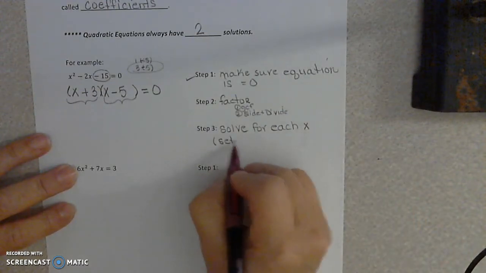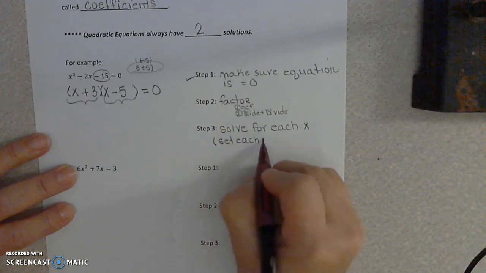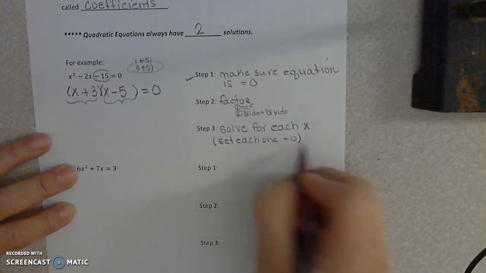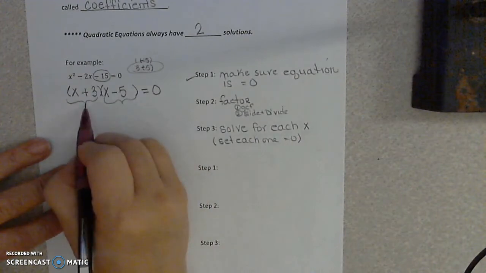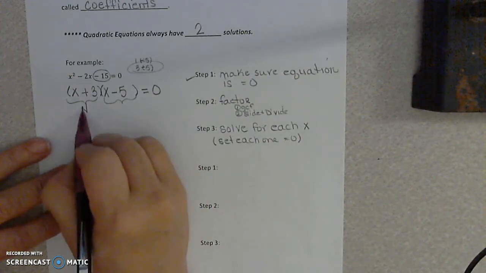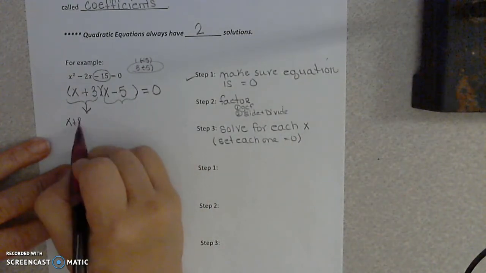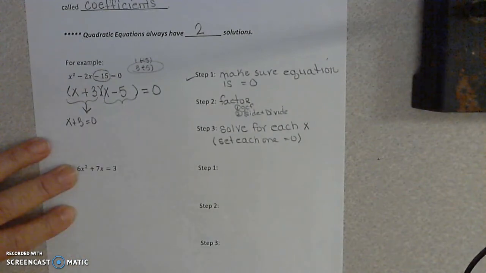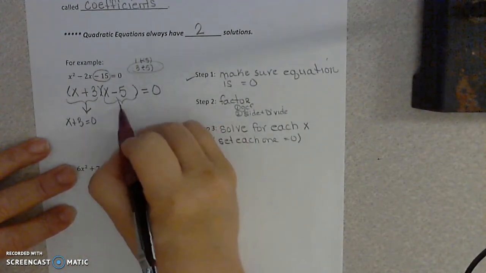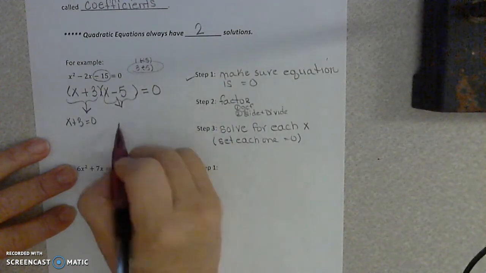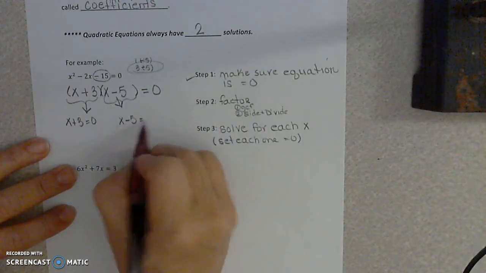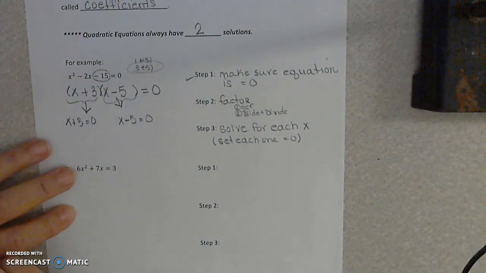Basically, that means set each one equal to 0 and solve it. You got to find out what x makes x plus 3 equal to 0.